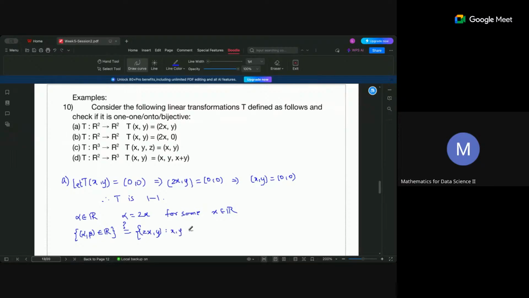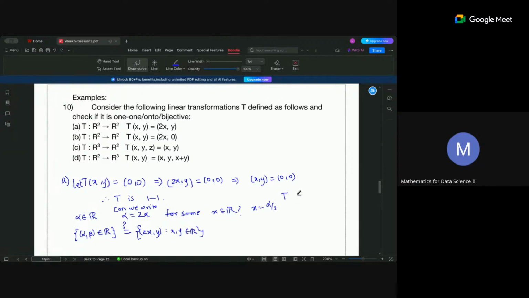Those who know that it is already the same, it's fine. For those who don't know, I'm explaining. Can we write any alpha as 2 times x? Tell me your answer. Yes, right? Just simply take x equal to alpha by 2, and y equal to beta.